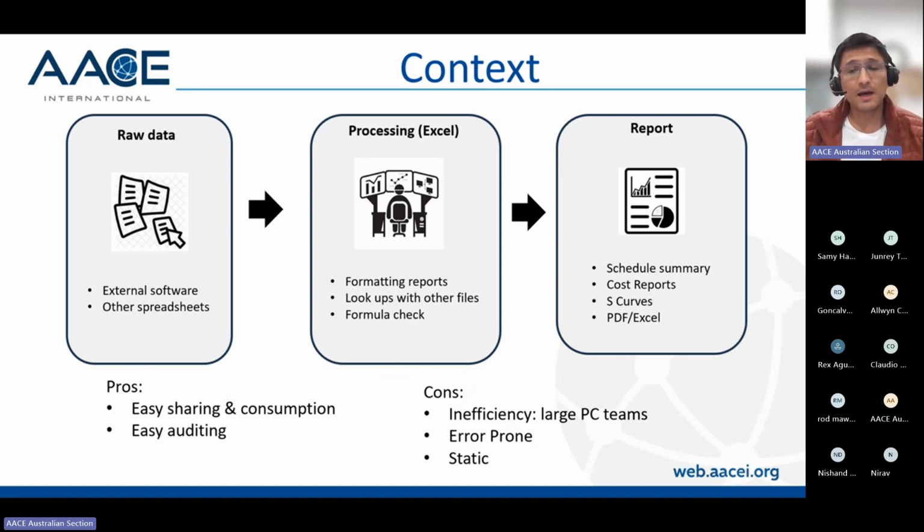The other thing that happens, very frequently actually, is that we are always exposed to errors because there's a person behind this report, a person editing formulas in Excel, which increases the risk of making mistakes.